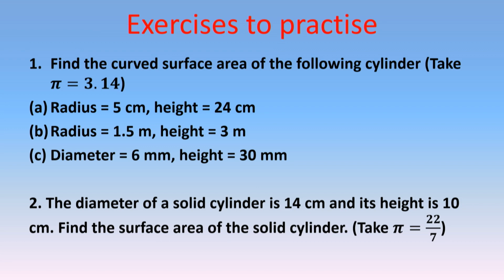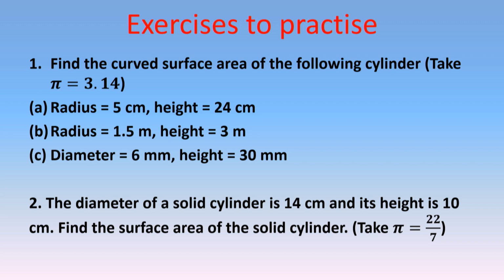Now you will have some exercises to practice on curved surface area of cylinder and total surface area of cylinder. So the first question, find the curved surface area of the following cylinder. You need to take pi as 3.14. You will see that for part C, instead of being given the radius, you have been given the diameter.